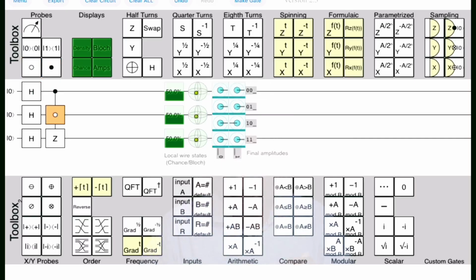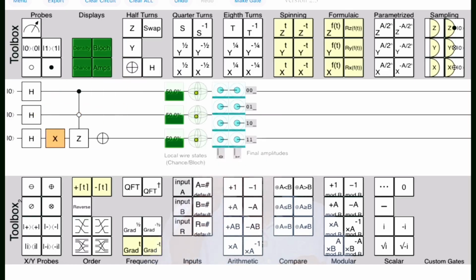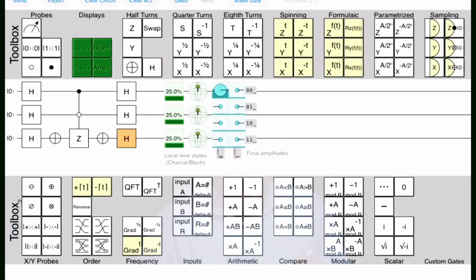That's why here it is anti-control, and finally 1 0 1. That's why at the last we have X Z X. I already explained this. I request you please check. And after that we have the Hadamard, because this is the diffusion operator. And after that we have the inversion phase oracle.